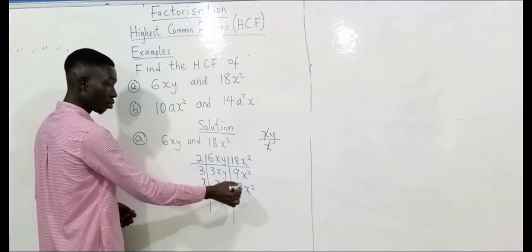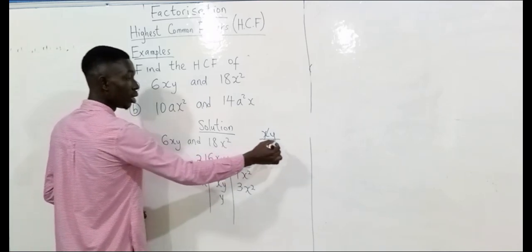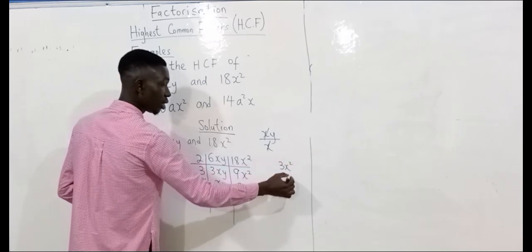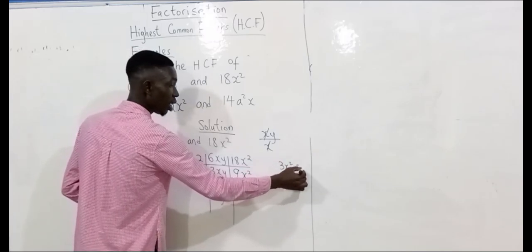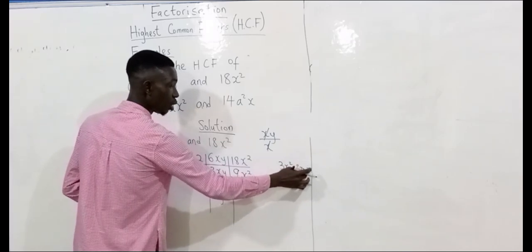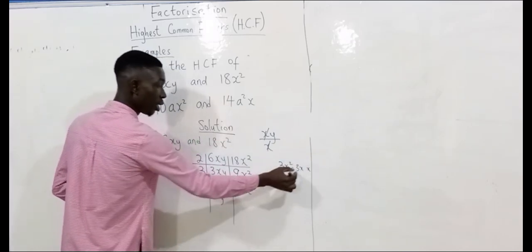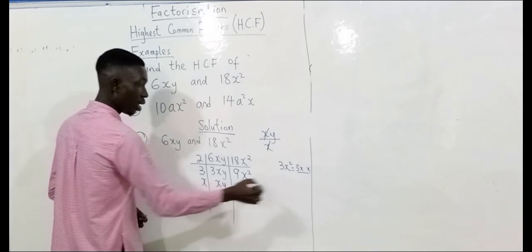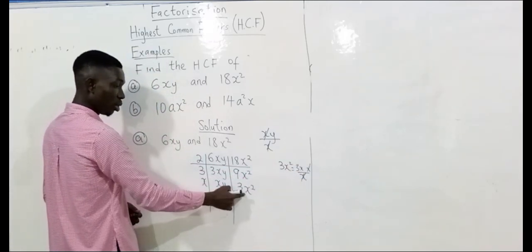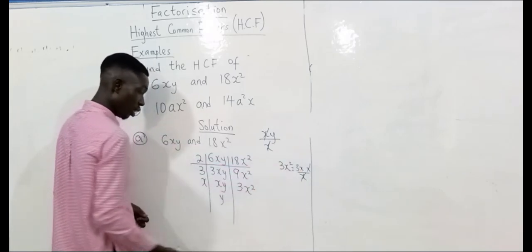And then 3x squared. 3x squared is the same thing as writing 3 times x times x. So we have double x there, and then it's being divided by x. So one x goes off, and we'll be left with 3x.